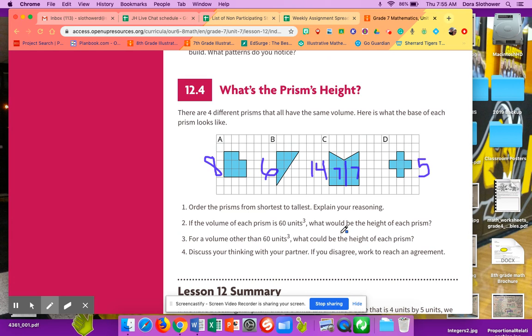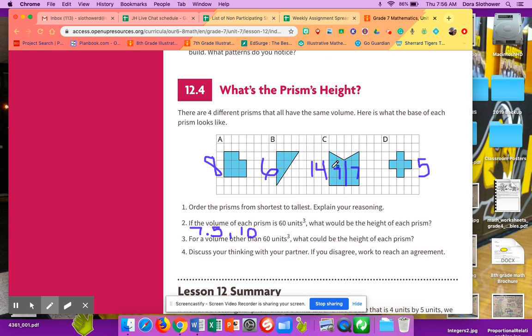Okay? So now, if each of them have 60 units, what would the height of each prism be? So for A, 60 divided by 8, you should have 7.5. So A would be 7.5. B, 60 divided by 6, that would be 10.